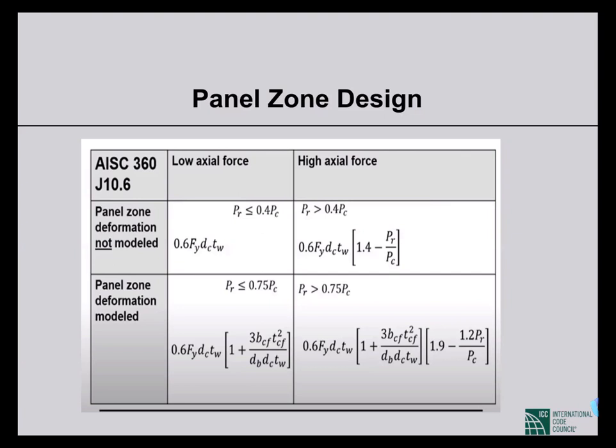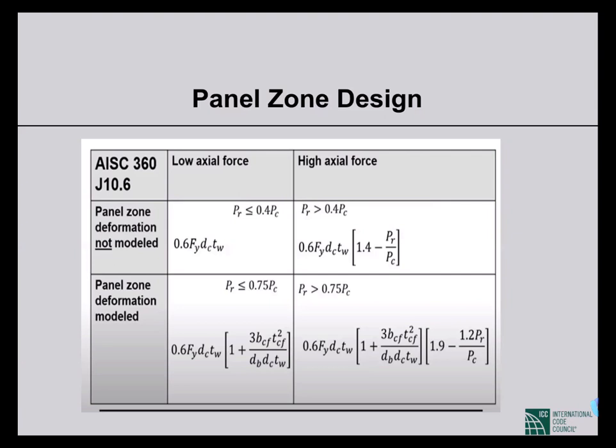You see, Pr by Pc, we deduct from the capacity with these values. Why? Because these terms come from column shear force. When there is high axial force, column shear forces will reduce the capacity of the panel zone.